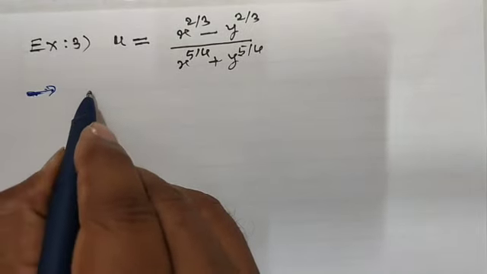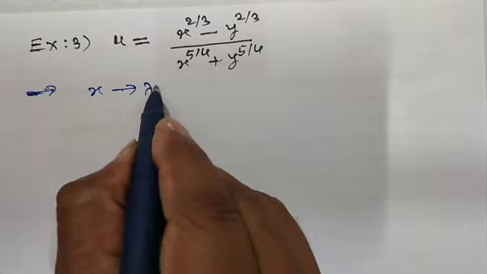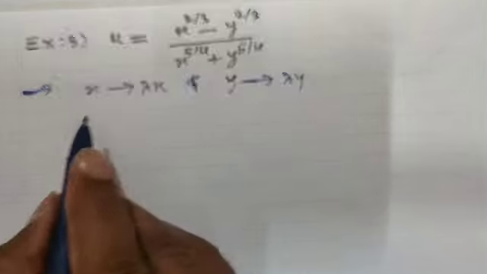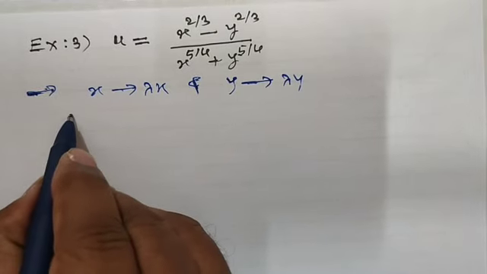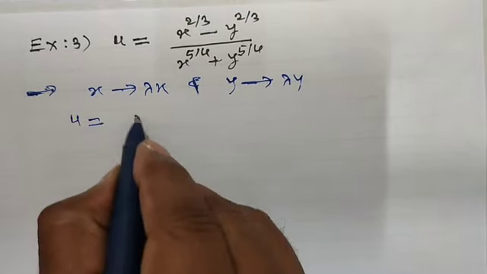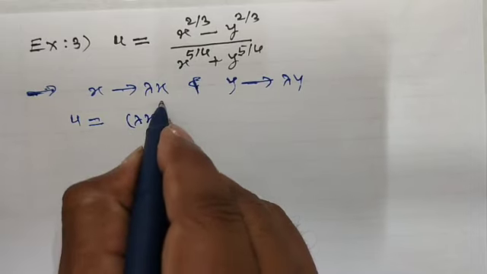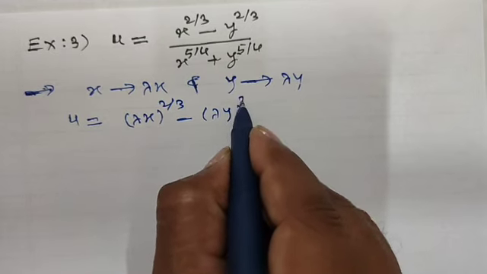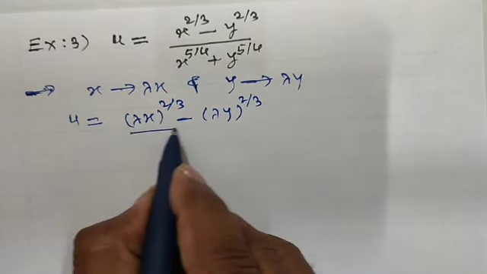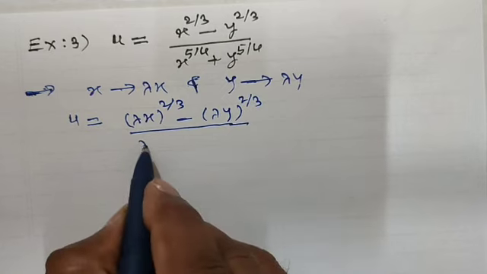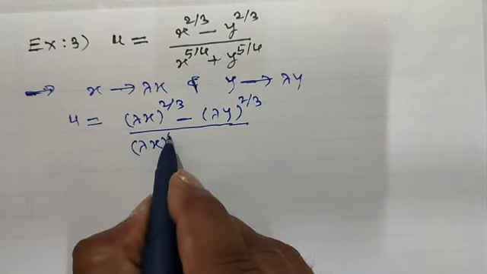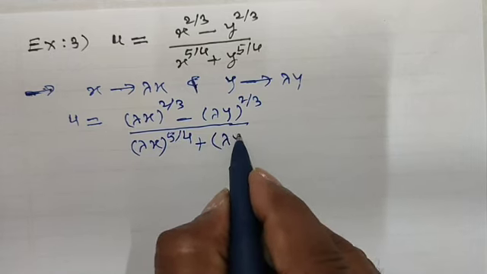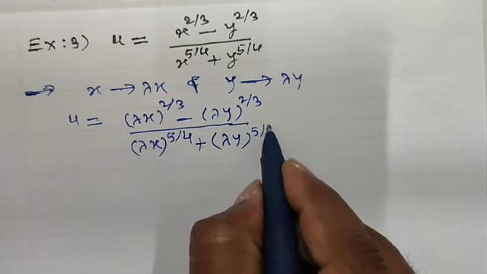Hence, replacing x by lambda x and y by lambda y, U can be written as U is equal to lambda x to the power 2 upon 3 minus lambda y to the power 2 upon 3, divided by lambda x to the power 5 upon 4 plus lambda y to the power 5 upon 4.